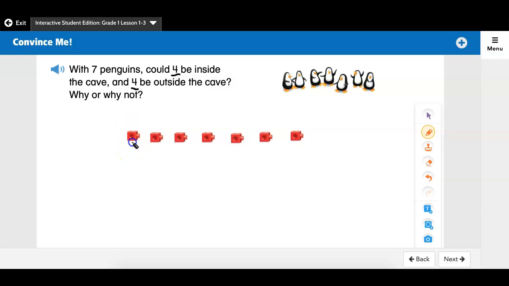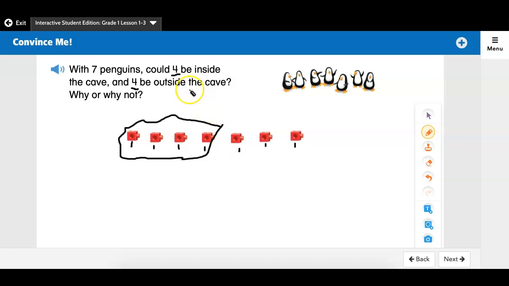If I have 1, 2, 3, 4. So if these 4 penguins were inside of the cave, let's look how many are left. 1, 2, 3. So if I were to take those 4 penguins and put them inside of the cave, that would not leave 4 to be outside of the cave.